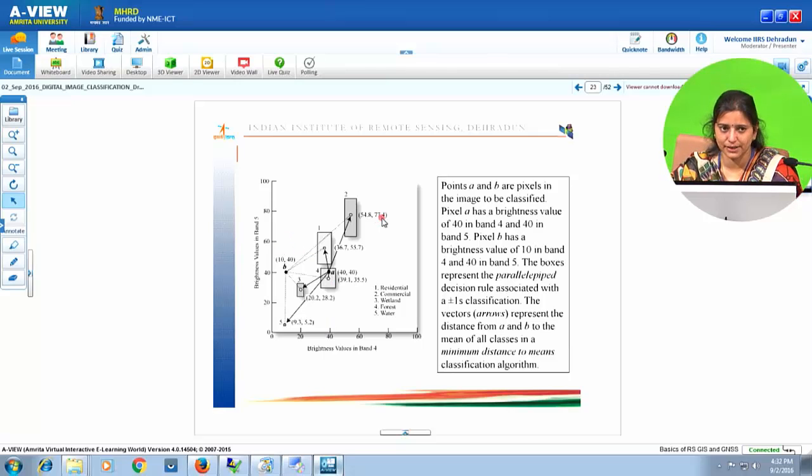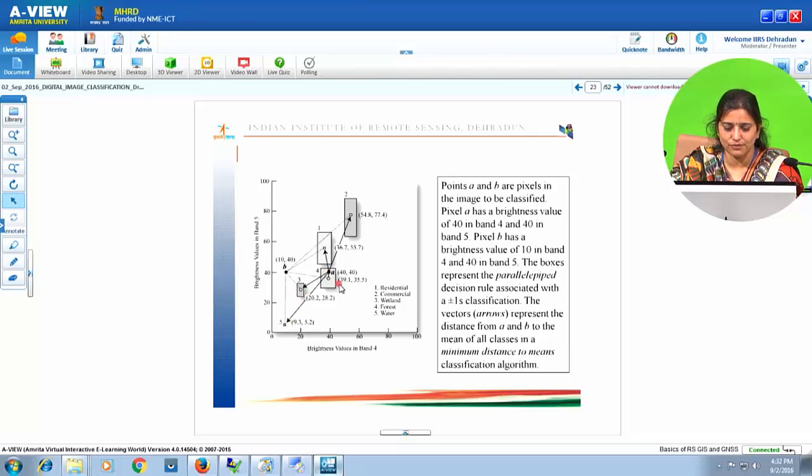As you can see here in the picture, we have taken 5 different classes: class 1, 2, 3, 4 and 5. For class 1 we have created the boundaries, class 2 we have created the boundaries, class 3, 4 and 5 as well.